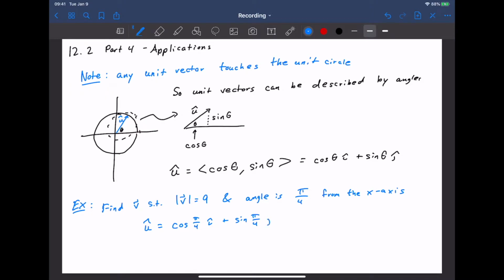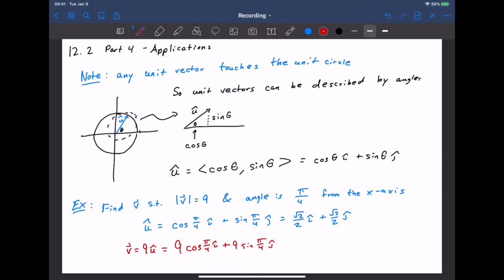Now, we can talk about how we don't need to simplify everything always, but here we really should. Root 2 over 2 i plus root 2 over 2 j. And just like we did in the last example, now you can just scale that up. v would be 9 times the unit vector, or again, I'll just write it out this way, 9 cosine pi over 4 i hat plus 9 sine pi over 4 j hat.